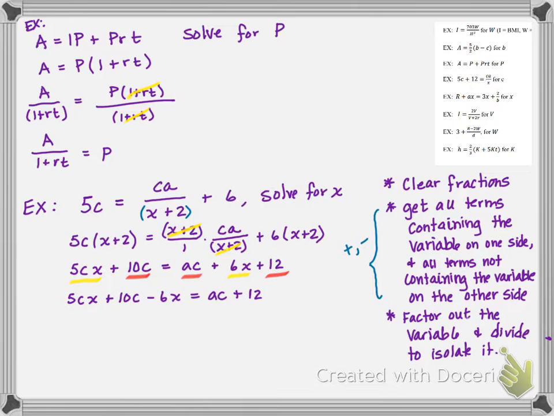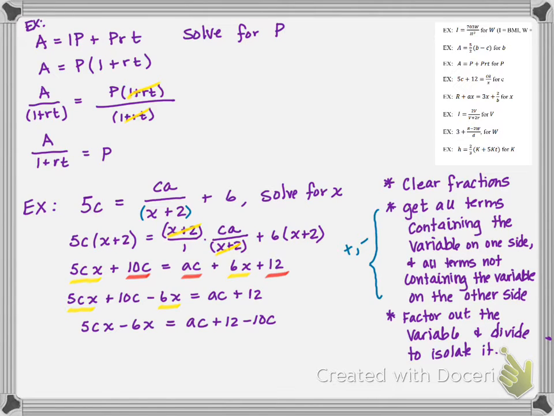And so now these two terms are the only terms with an x in them, and they're both on the left. So I just have to subtract 10c from both sides to get that 10c on the other side. So we have 5cx minus 6x equals ac plus 12 minus 10c.